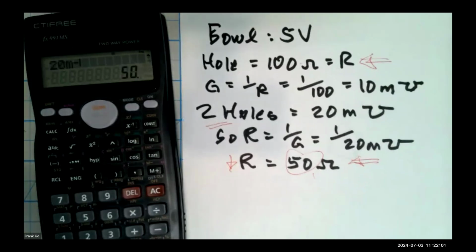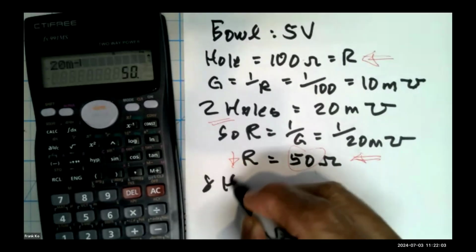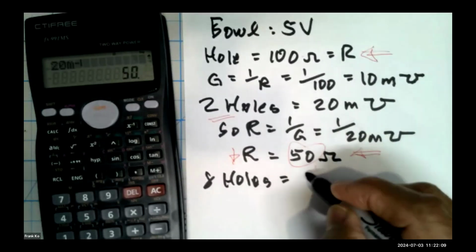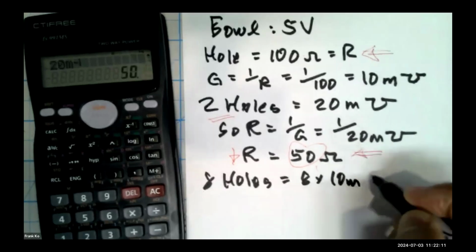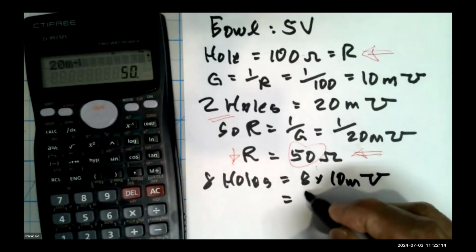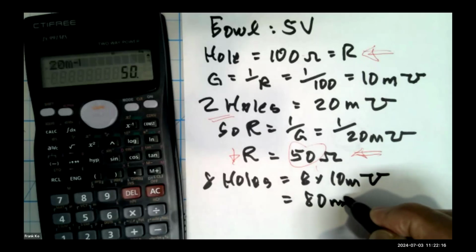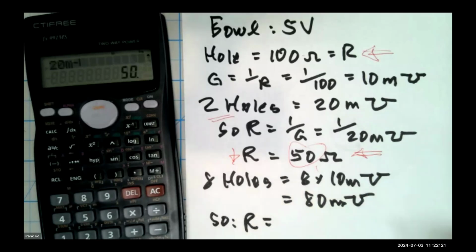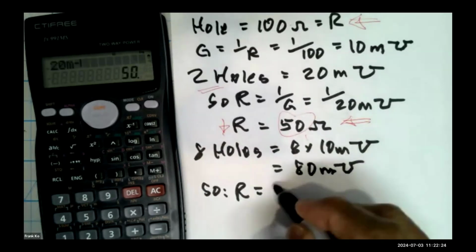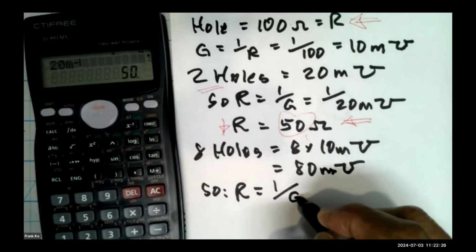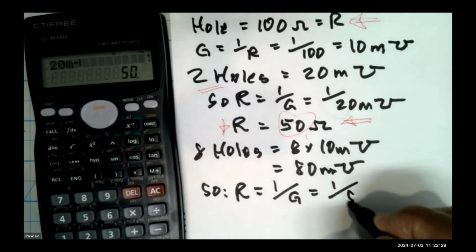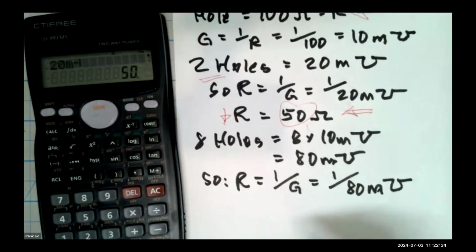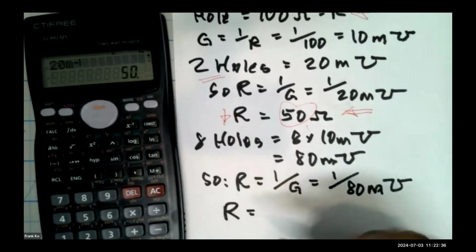In the previous slide we had 8 holes, yes? So 8 holes is equal to 8 times 10 millimhos, which is equal to 80 millimhos. So R is equal to, and we said that resistance was calculated as the reciprocal of G, so it is equal to the reciprocal of 80 millimhos.